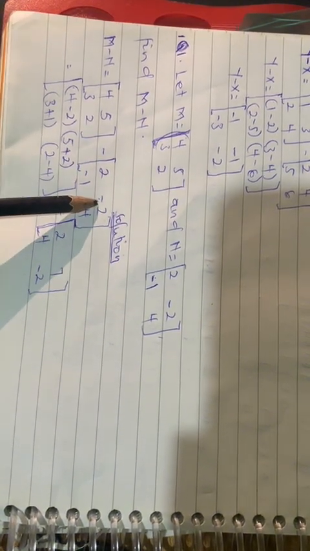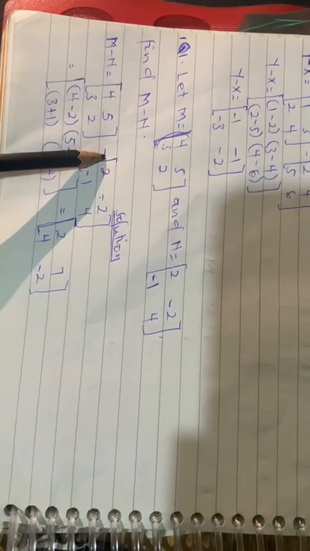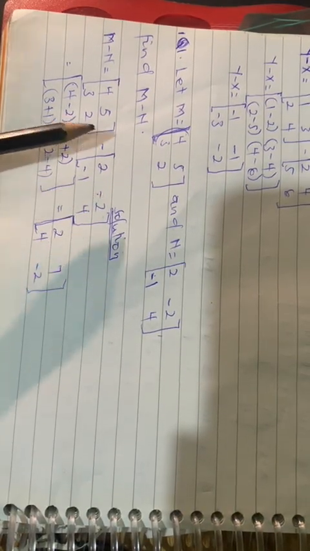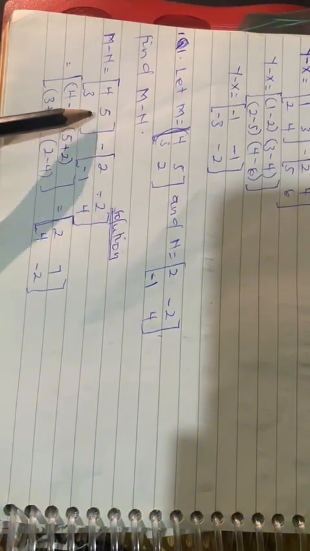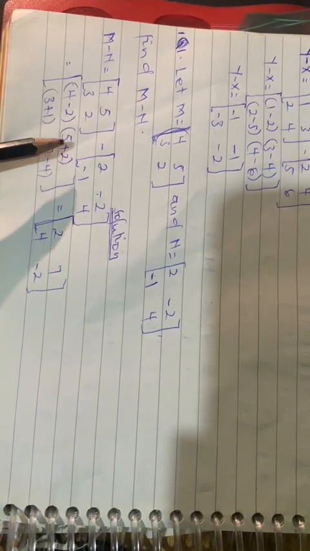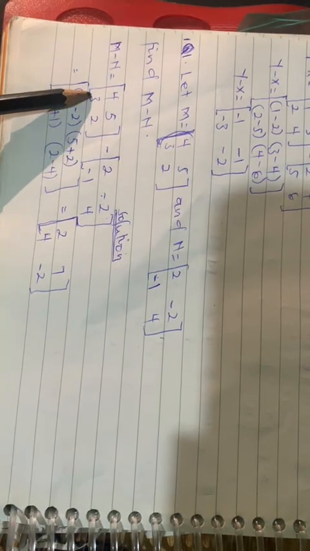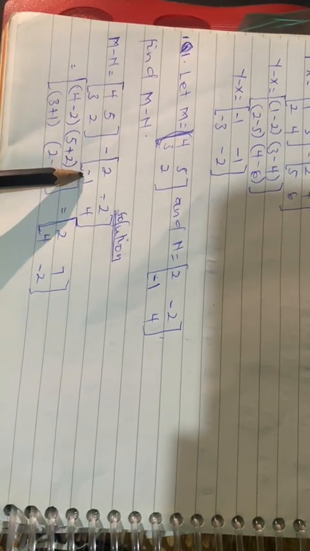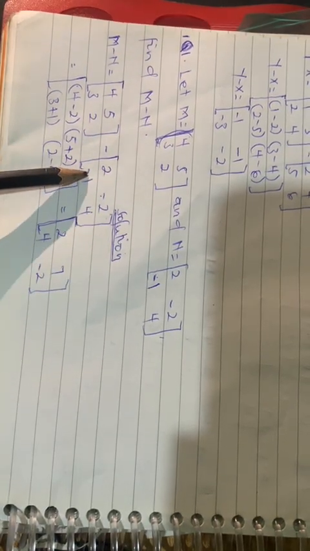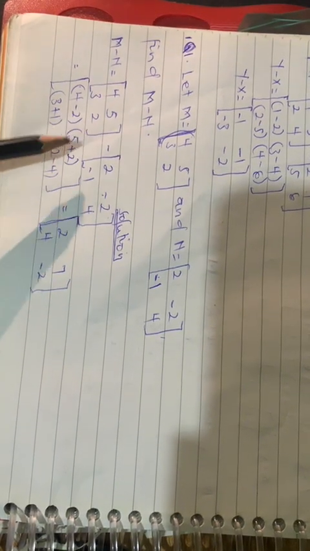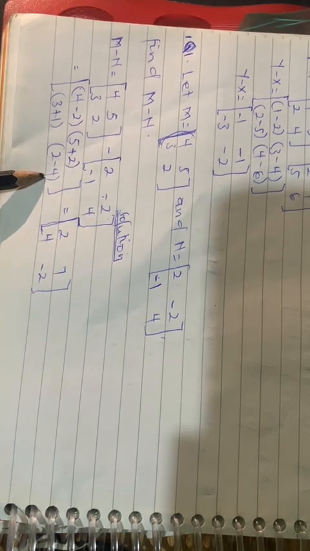So instead of 5 minus 2, it goes to 5 plus 2. I'm going to have 3, this one is negative 1, because it's negated and we also perform subtraction, it becomes positive. So 3 plus 1, and we have 2 minus 4.